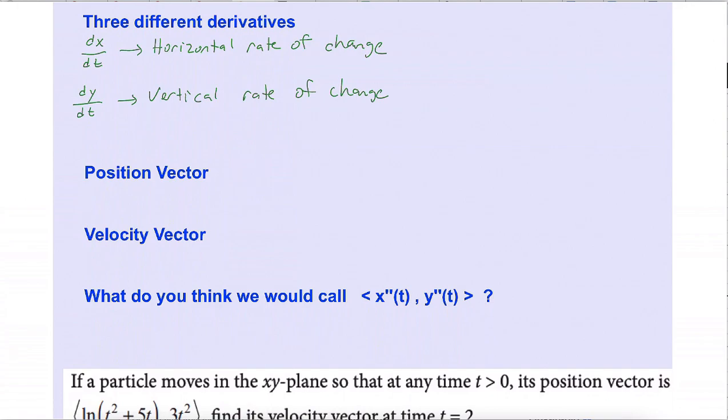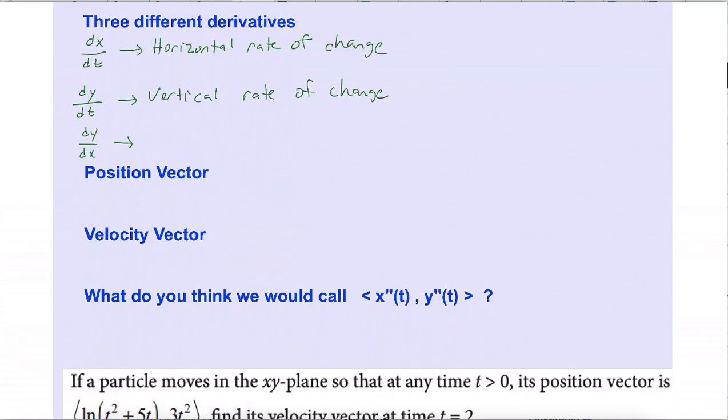And there is a third derivative that we care about sometimes also, which is the one we're used to, dy dx, which I know it's what we're used to, but it's actually the weirdest of the 3 in this case. Because in this case, x changes as t changes, and y changes as t changes. So it's weird to talk about the rate of change of y with respect to x.